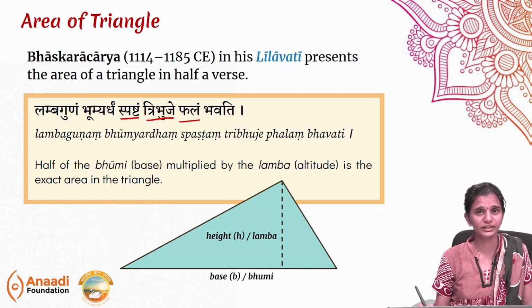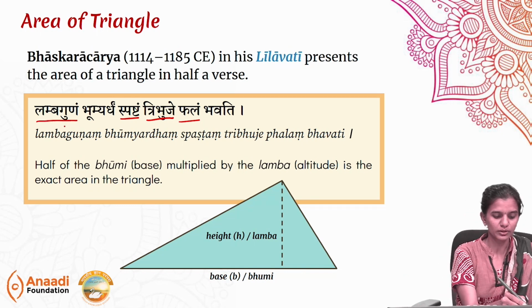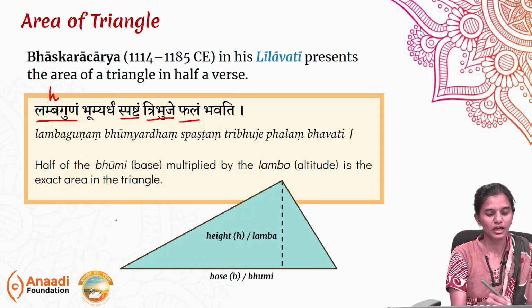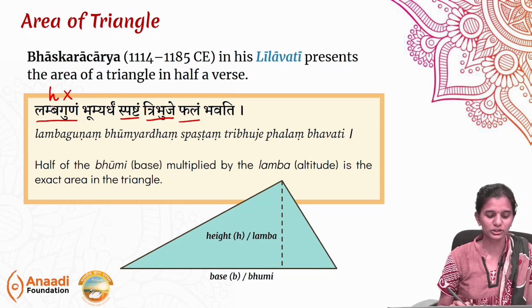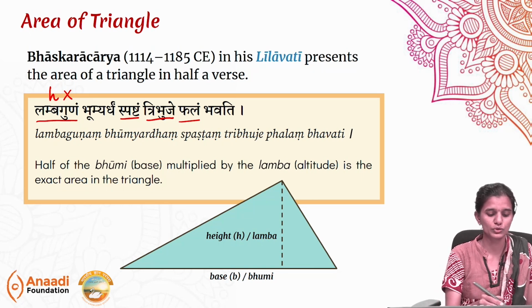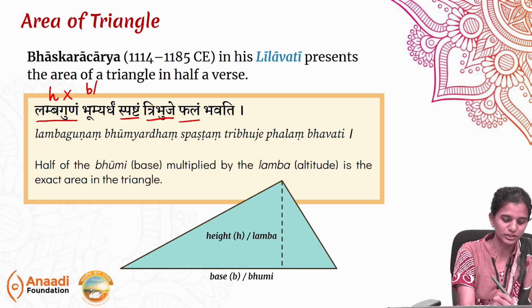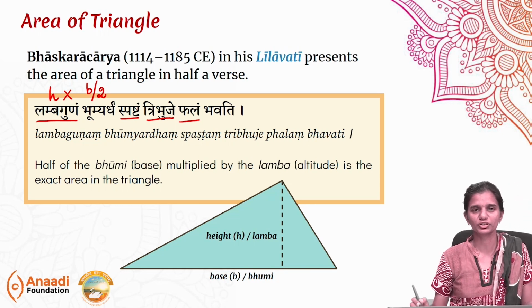What is the area in a triangle? Lamba gunam. Lamba means the height. Gunam is multiplication. Height is multiplied with bhumyardham. Bhumi means the base. Ardham means half. So, half of the base. This gives us the area of the triangle.